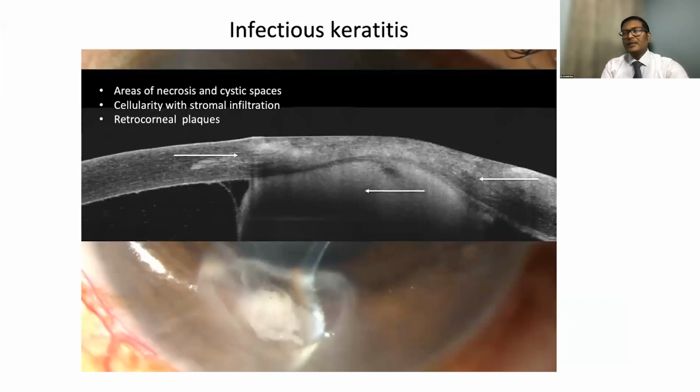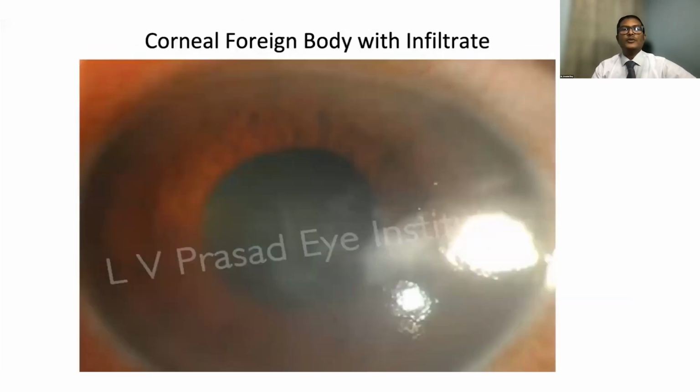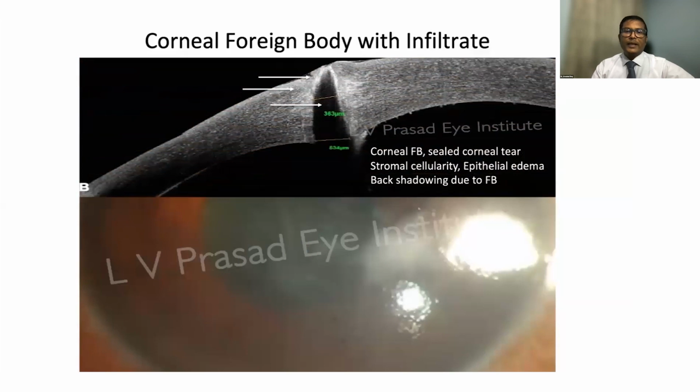This can help us easily plan for the depth of the infiltrate, and should we plan for a surgical intervention, such as a deep lamellar keratectomy, or where there is impending perforation, we can document it better with the ASOCT. This is another case where there was a foreign body and there is cellularity of the tissues.